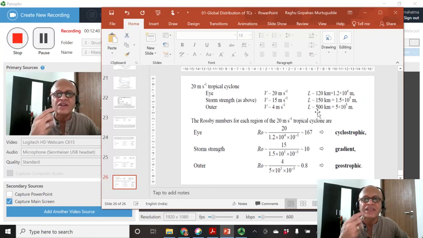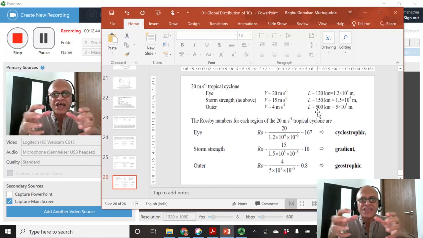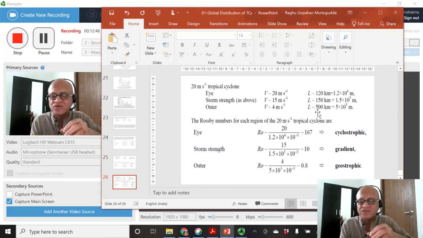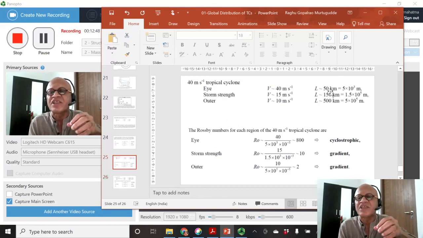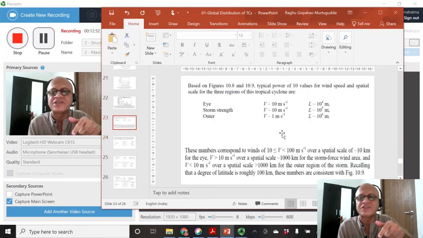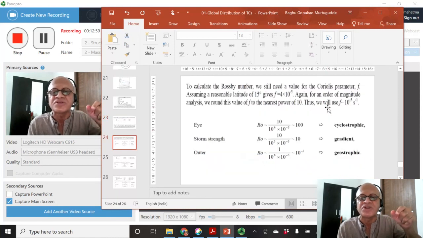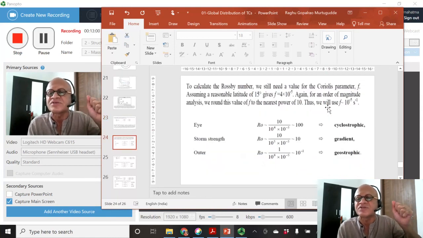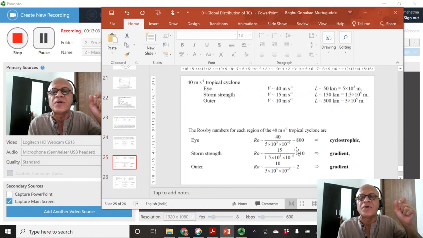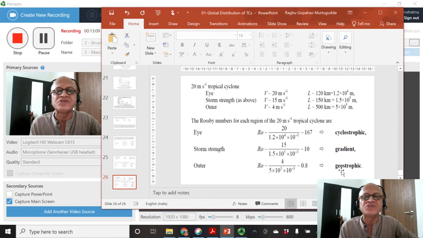Because the stronger the cyclone, the stronger the drop in the pressure in the eye and the tighter the eye. So the eye here is 50 kilometers, and here we had 10 to the 4 meters, so almost 10 kilometers. Based on that, we have again cyclostrophic, gradient and geostrophic balance.